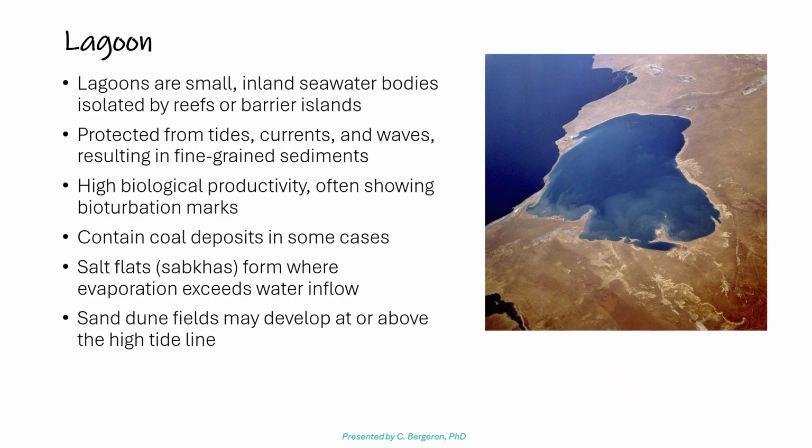So estuaries tend to be areas where you have freshwater and saltwater mixing. Lagoons tend to be saltwater, but like estuaries, lagoons are ecosystems that have a lot of biological activity. So you tend to see a lot of biodiversity in and around lagoons.